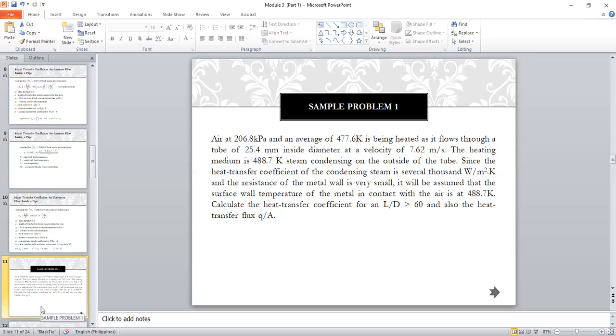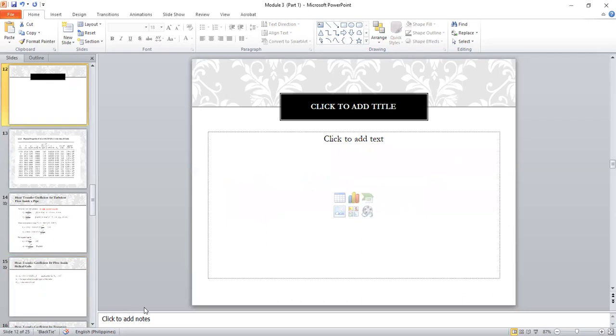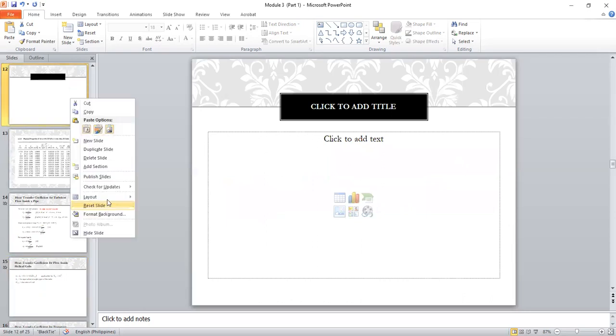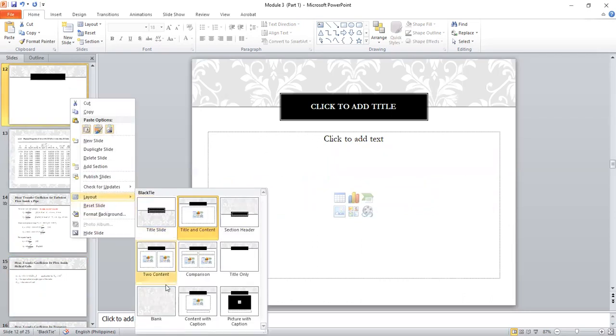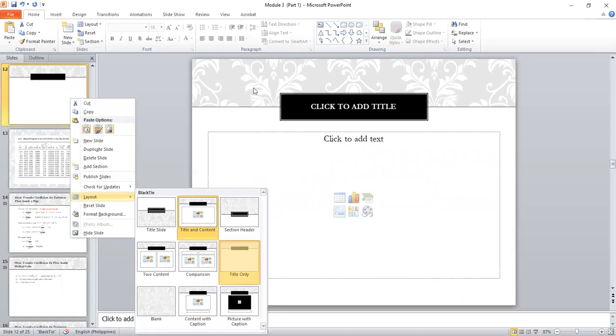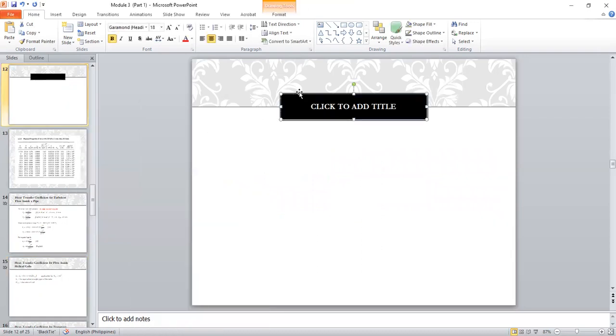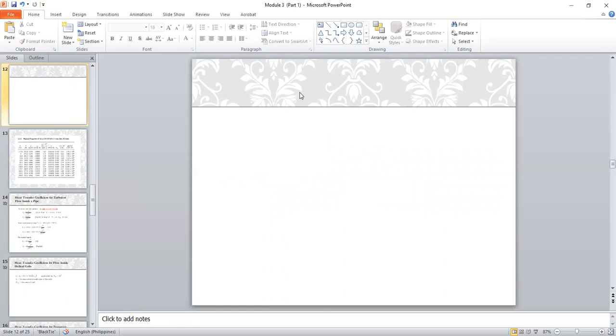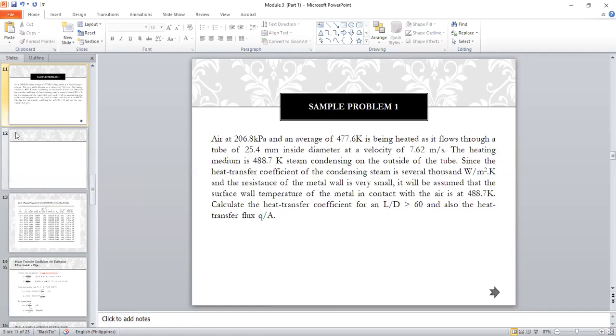So that I will not anymore go to Jamboard, I will just have here another sheet for us to use for the solution of this problem. Okay, so our problem goes this way: you're given air at the given pressure and temperature, which is heated as it flows through a tube. So air is in the inner part of the tube and it's being heated by steam.